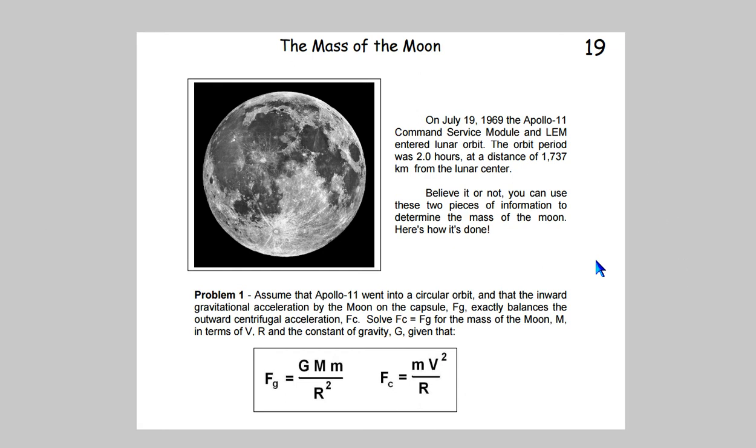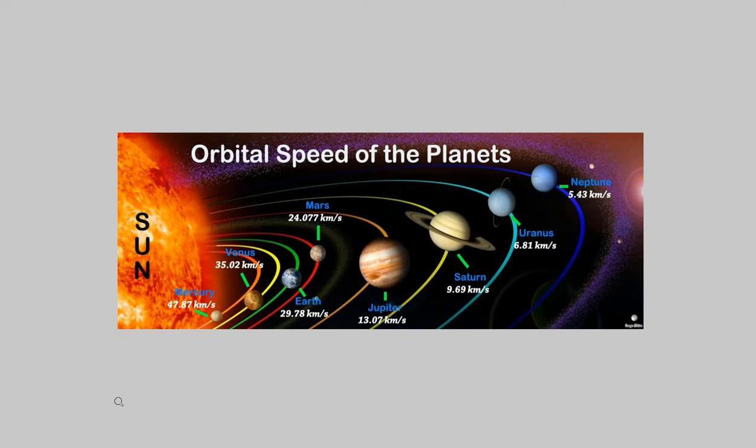And so here we have a free NASA lesson here, and we have the service module, the orbit period 2 hours, distance of 1737. Now the way this works is we have the planets.